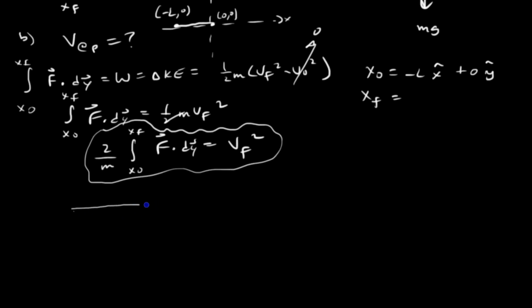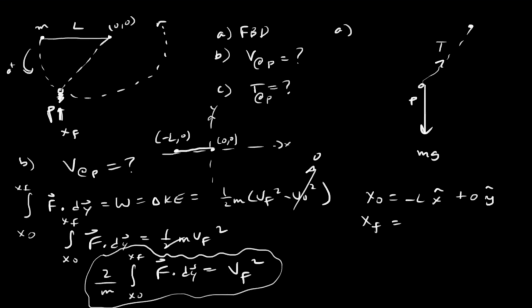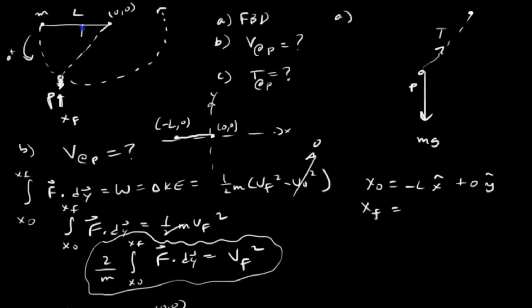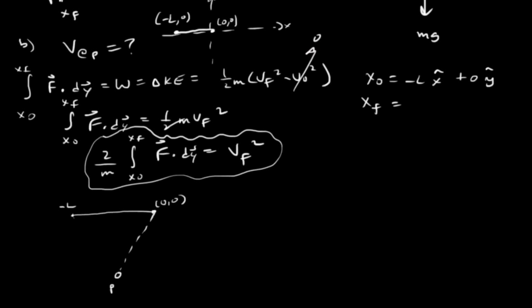We have this center 0, 0, and we know that over here is going to be negative L. And then we have the bob at position P. Oh man, I forgot theta. This angle is theta right here, between the position at P and the horizontal.